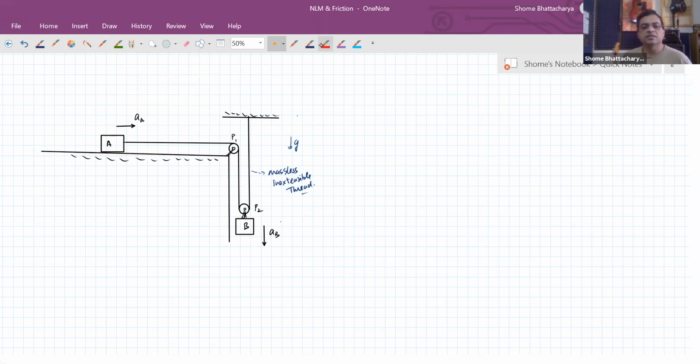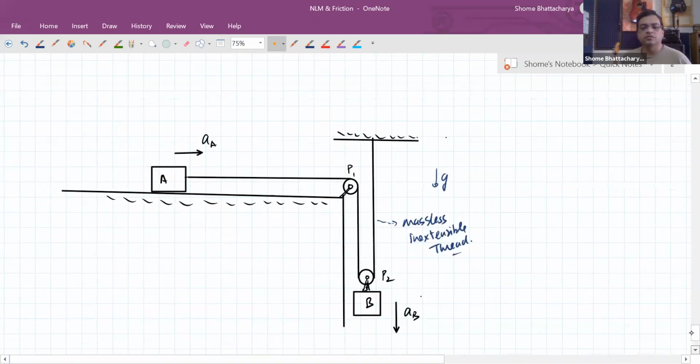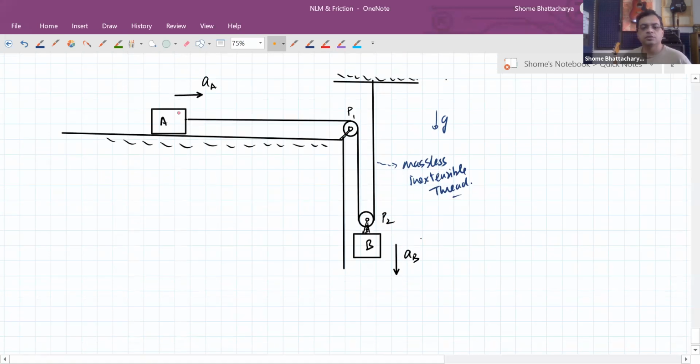If we just analyze the forces that are acting on the different blocks, now that we know the ratio of their accelerations, there is tension acting like this. There is some kind of a normal reaction that is acting on A. And obviously there are the weights of the two blocks.